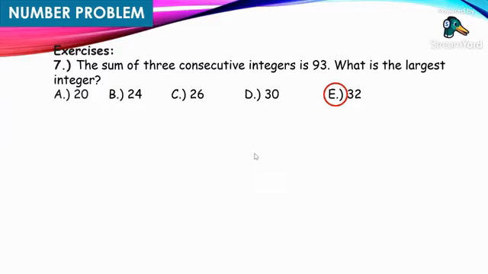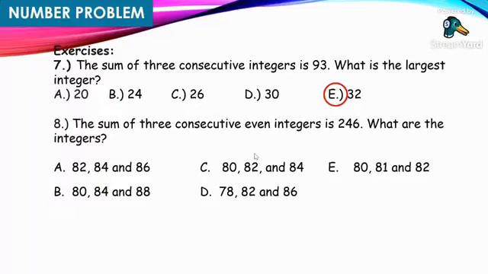Okay, congratulations for those who got the correct answer. Okay, so letter E. At least wala akong may nakitang ibang sagot for problem number 7. So, ibig sabihin, naintindihan na po paano isolve pag yung problem is sinabing consecutive even, consecutive odd integers. Okay, let's have number 8. Okay, the same problem. Tingnan din natin. The sum of three consecutive even integers is 246.